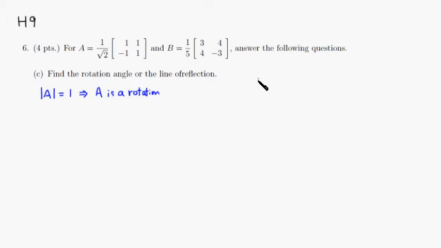And if you look at matrix B, the determinant of B was -1, right? This tells you that B is a reflection.